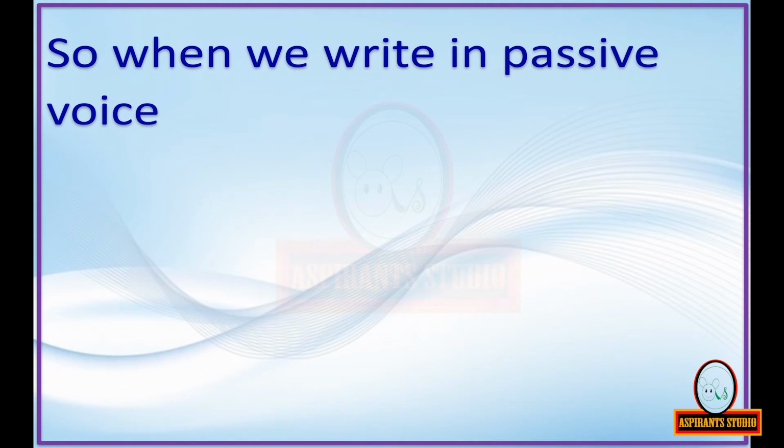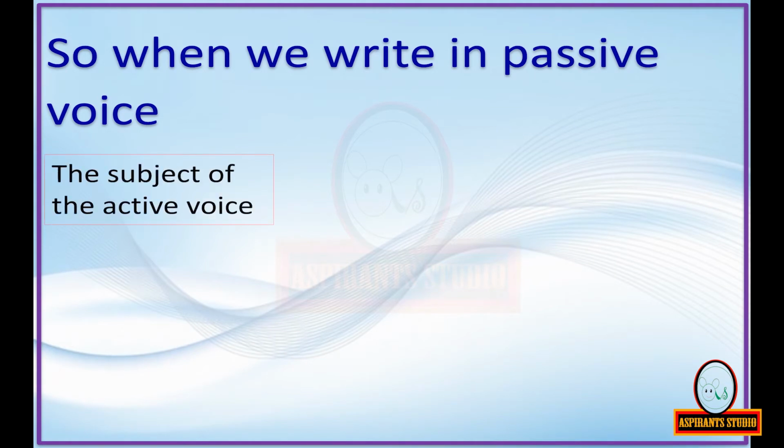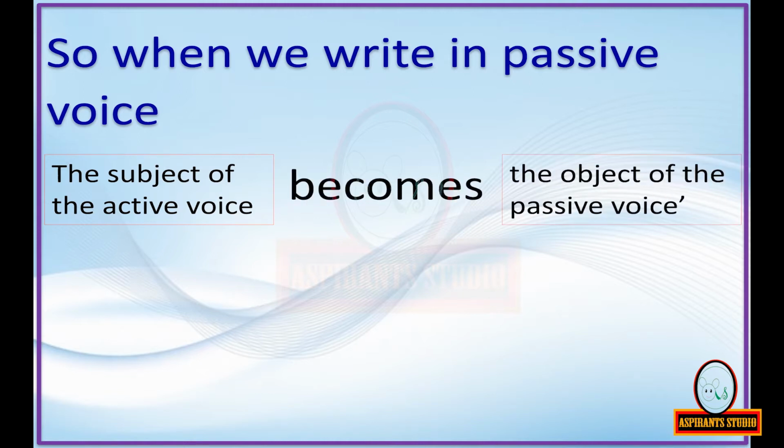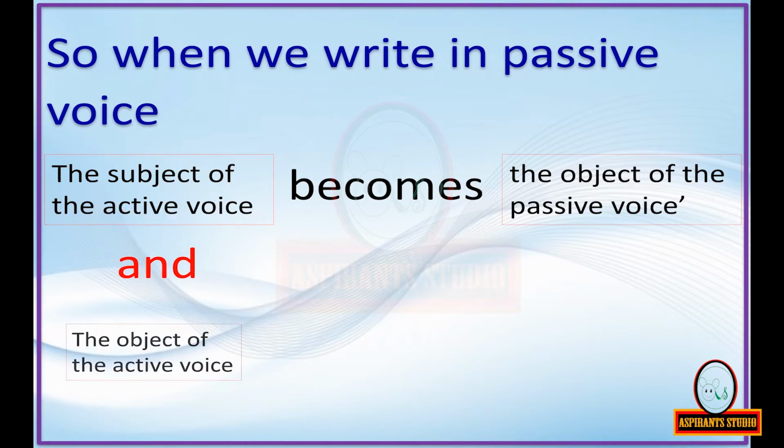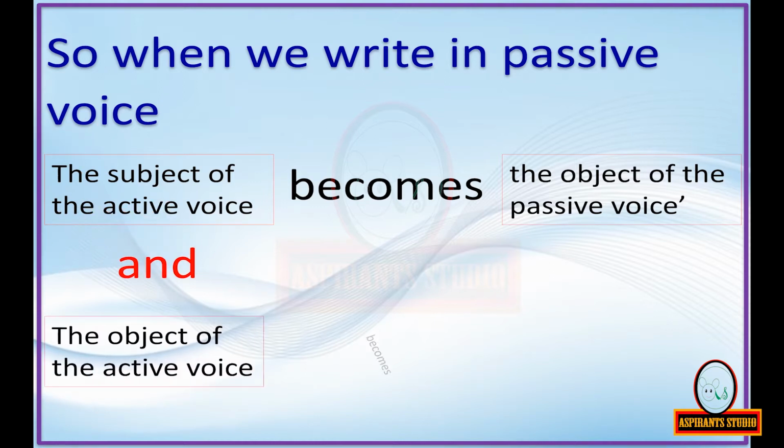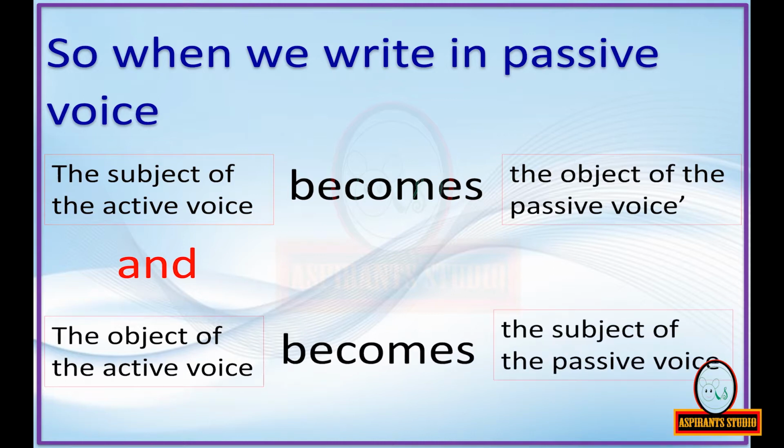So, when we write in passive voice, the subject of the active voice becomes the object of the passive voice, and the object of the active voice becomes the subject of the passive voice.